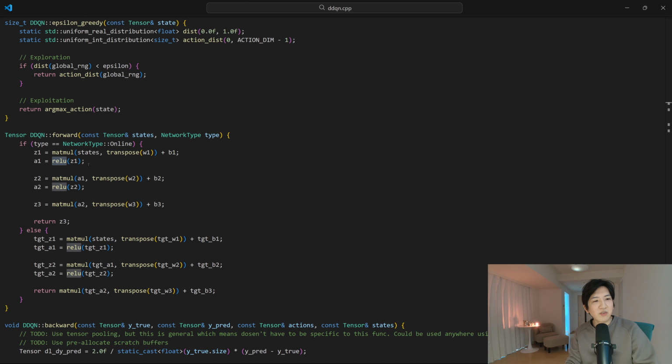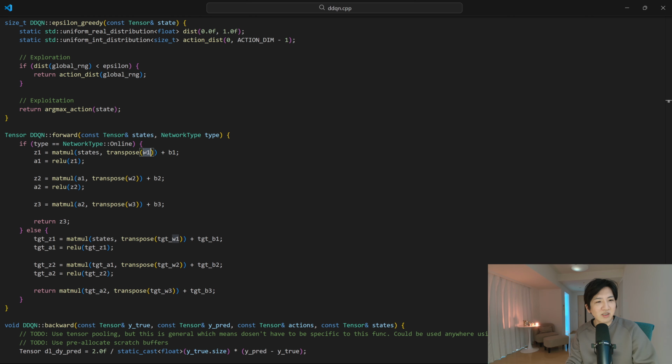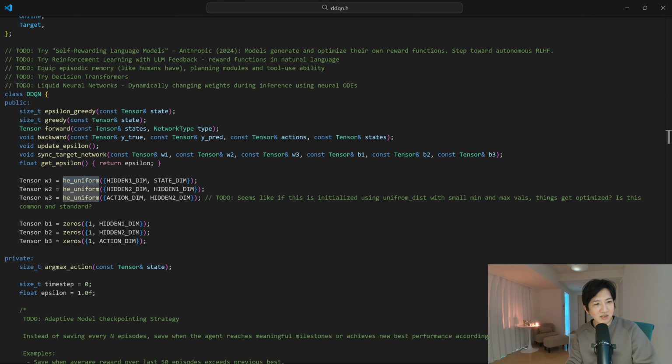If we use this on the first hidden layer, this would be the input, and this is the initialized weights.